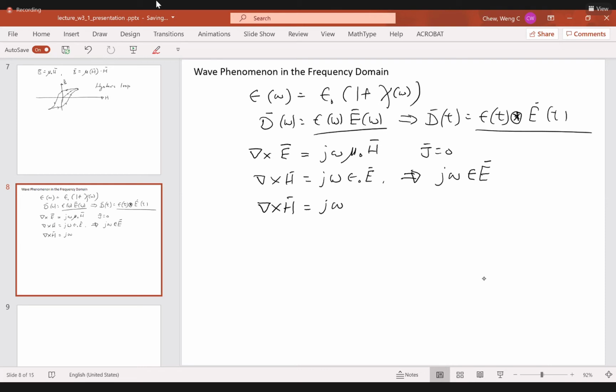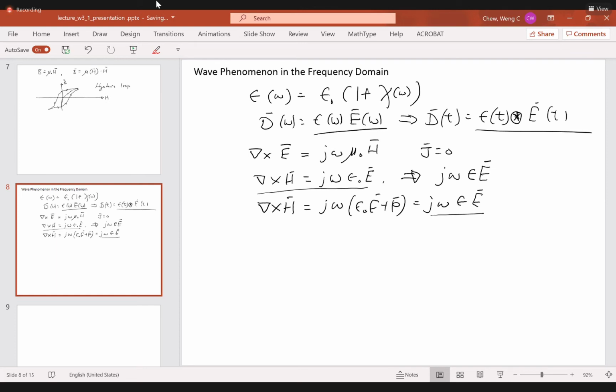At first it was epsilon E plus P, but then we say that P is equal to chi E, and then we can just replace this with an epsilon effective. So there's no difference whether you include material media or you do not include them. The two are of the same structure mathematically.